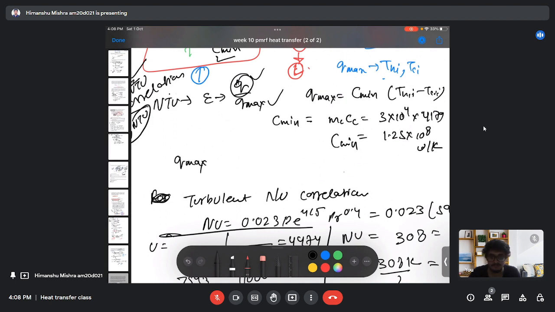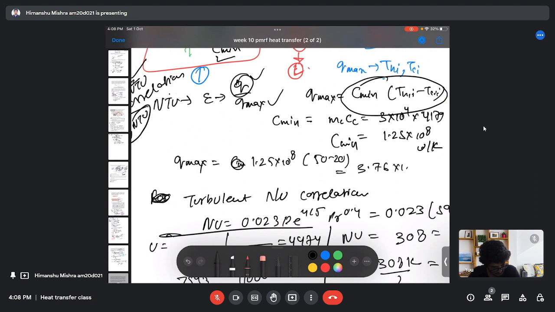So my maximum heat transfer is, I'm using this relation. So this is my maximum heat transfer.